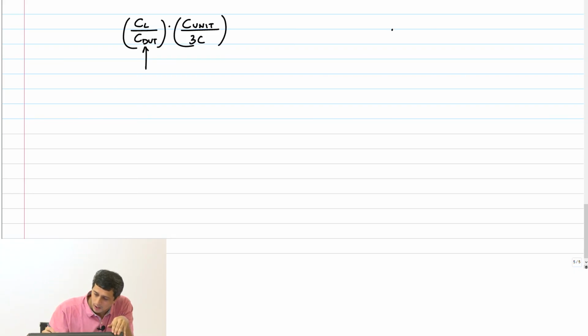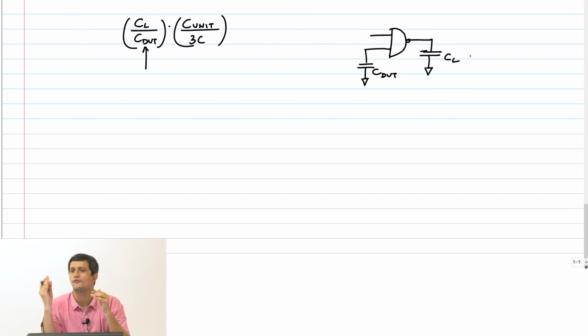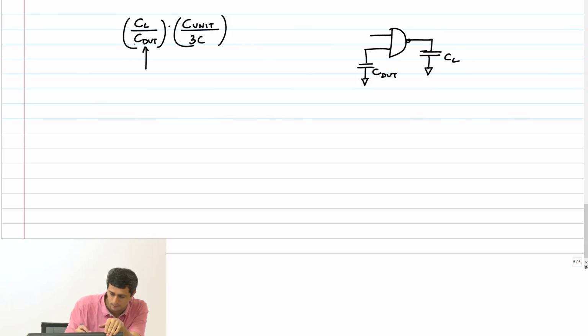So if I have a NAND gate which is driving a load like this, the capacitance at the input is C DUT, this is CL. So one of the terms in the delay is just the ratio of output capacitance to input capacitance presented by that gate. This is just one of the terms. This guy is called electrical effort.